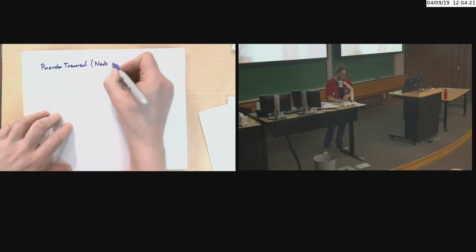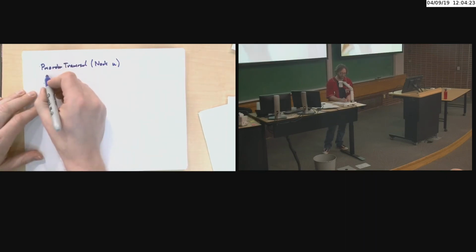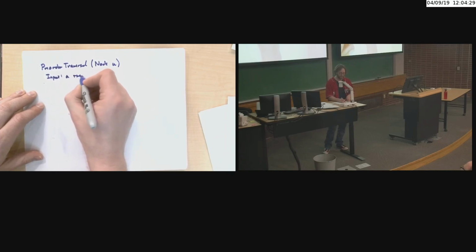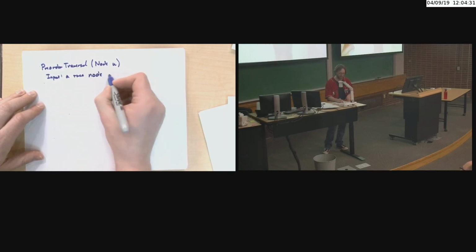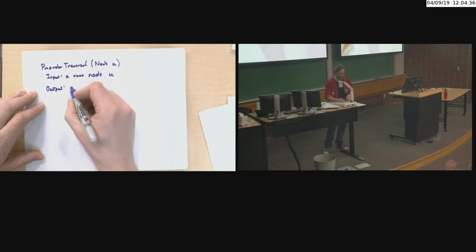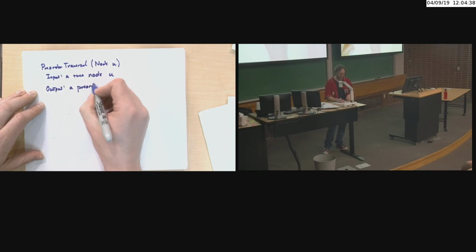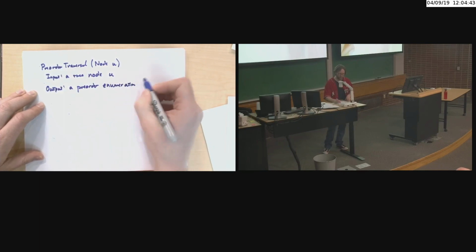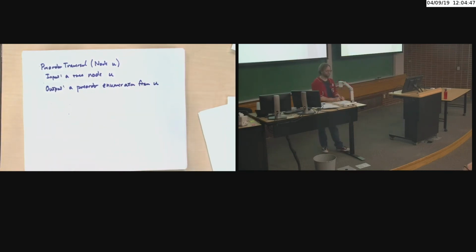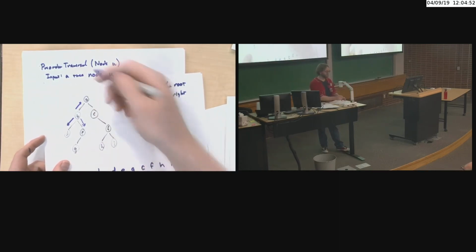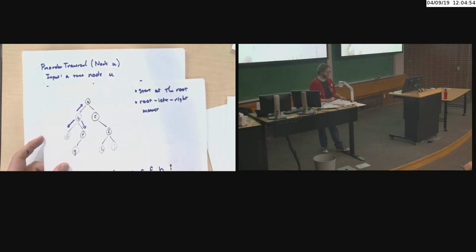So again, if you want to do proper pseudocode here, input is a tree node u, and our output will be a preorder enumeration from u. Initially, the root is going to be given to this recursive function here, okay?